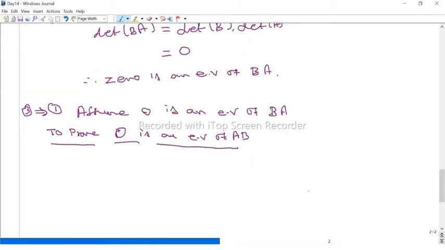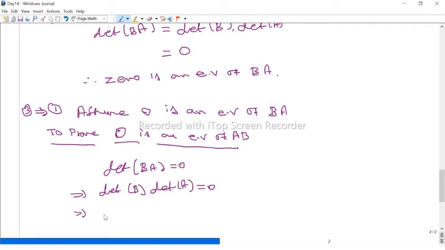So what we know: 0 is an eigenvalue of BA. That means the determinant of BA should be 0. But the determinant of BA is nothing but determinant of B times determinant of A, equal to 0. But a determinant is a real number, and in real numbers, multiplication is commutative. Therefore, we can write this as determinant of A times determinant of B, because the determinant of A and the determinant of B are numbers.